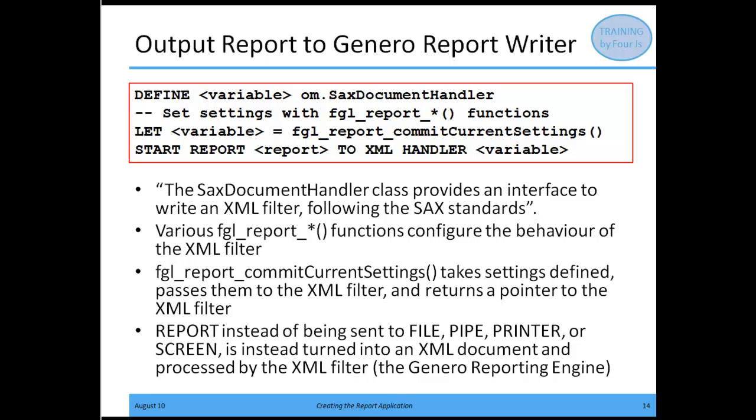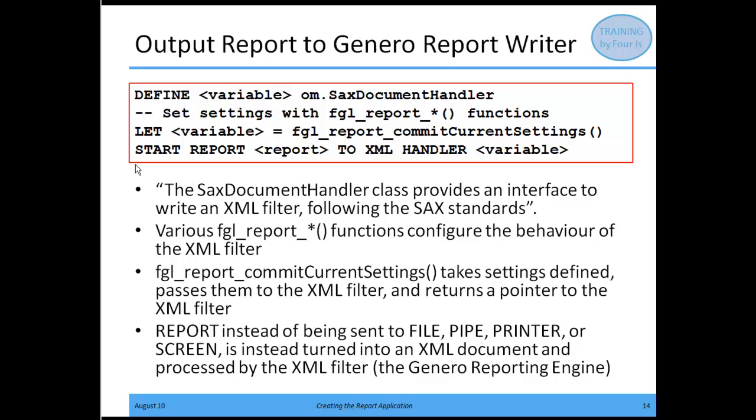When it comes time to output the report to Genero Report Writer, we're outputting an XML document. So our SaxDocumentHandler class is providing the interface to write an XML filter following the Sax standards. So before we get ready to send it across, various FGL report functions are going to configure the behavior of our XML filter. We do our FGL report commit current settings to pass them to the XML filter, and it returns a pointer to this XML filter.